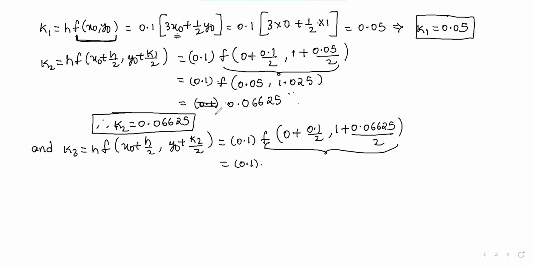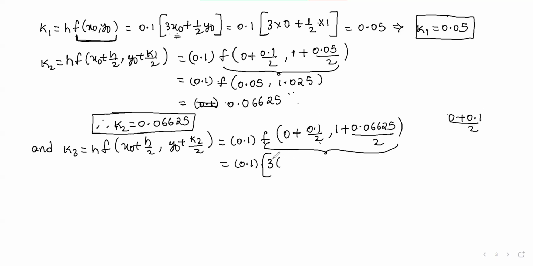If we substitute this value in 3x naught plus 1/2 into y naught, so f of x naught comma y naught, f of x naught means all this, x naught means all this. Substituting this value, 3 into bracket open, 3 into x naught means 2 into 0, LCM gives 0 plus 0.1 by 2.